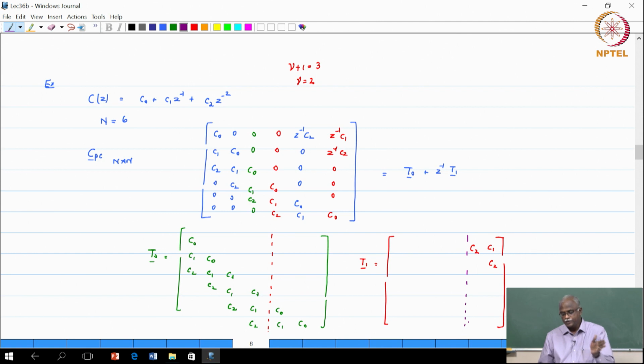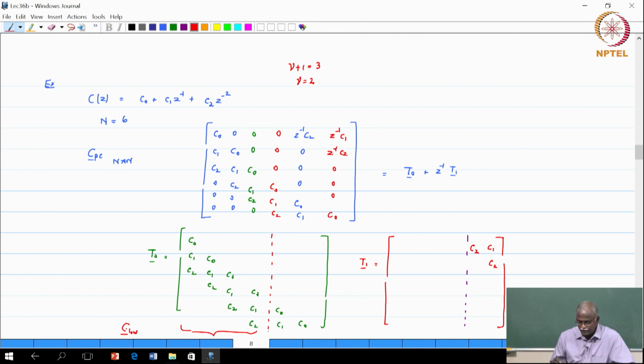Notice that whatever was there in T1 completely got killed, because they were mostly zeros and there were some non-zero elements, but they were killed by the zero padding. And in this case you did have non-zero values, but those also got killed, the last two columns. So, this portion of T naught, the first m rows of T naught, was what we referred to as C low.